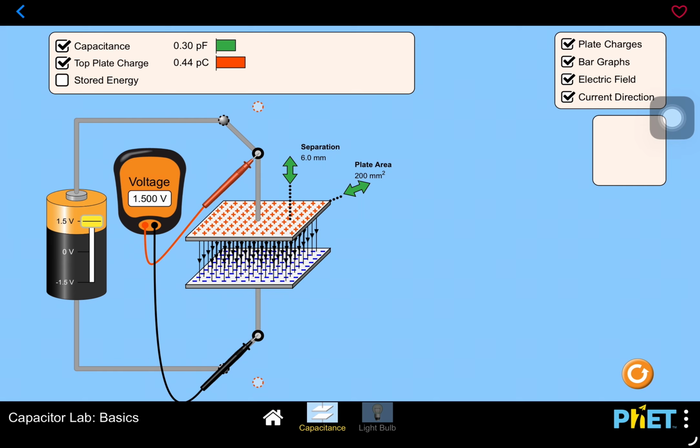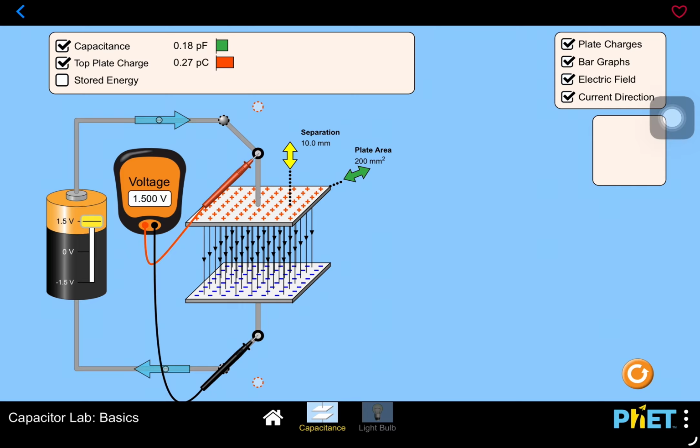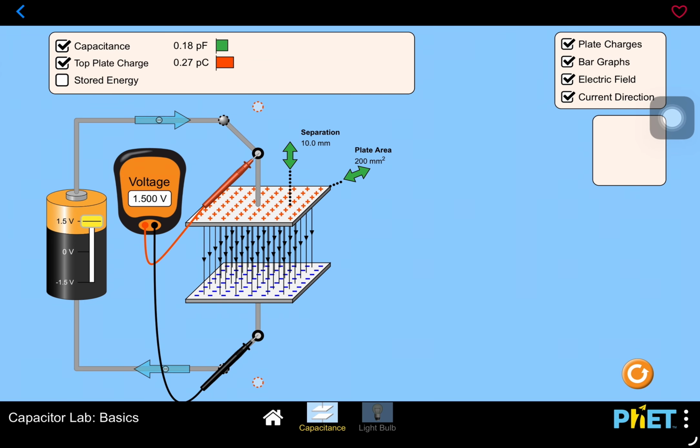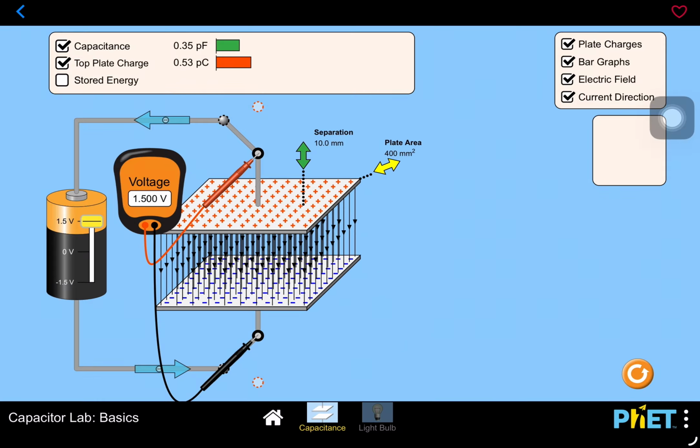Then let's see what happens when we separate these plates, right? If we move them further apart, we can see the electric field lines get less dense. They start extremely dense when close, and they get less dense. And so we expect that the closer the plates are, the stronger the capacitor is going to be. And then we can also look at area, right? The bigger the plates are, the more charge they can store, the bigger the electric field, the higher the capacitance.